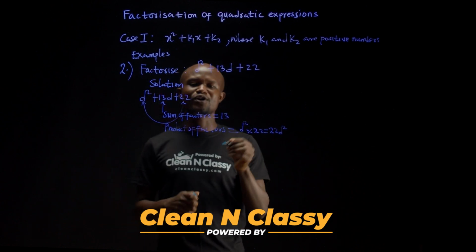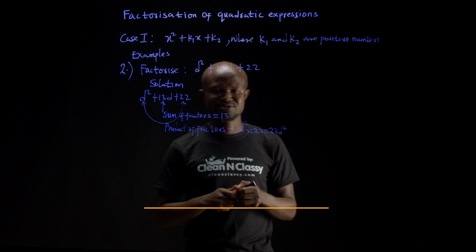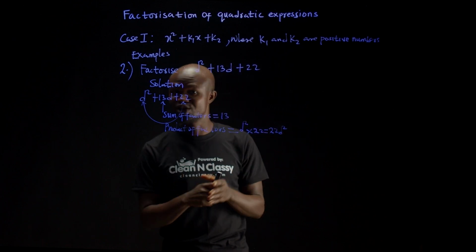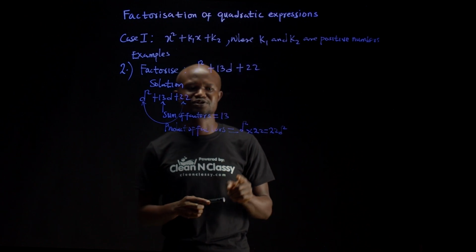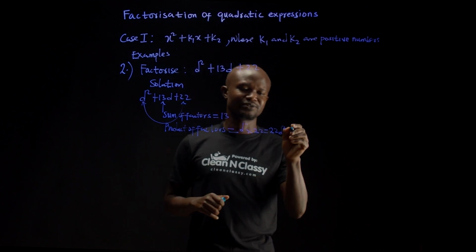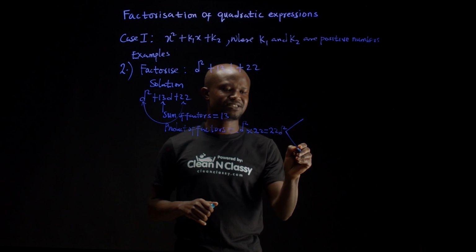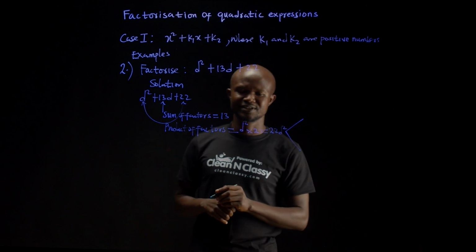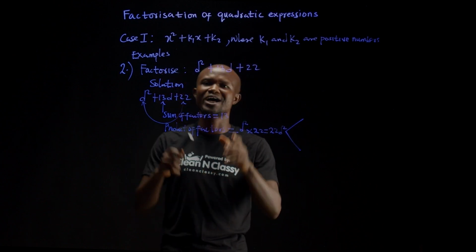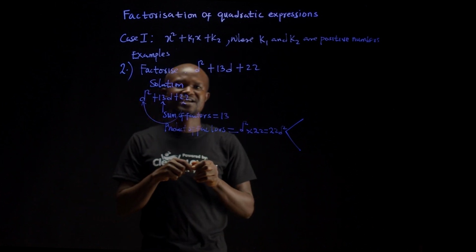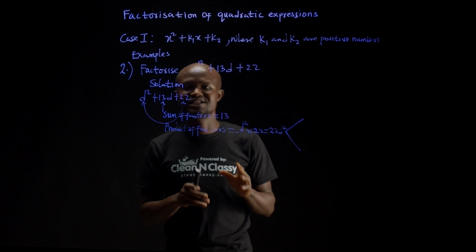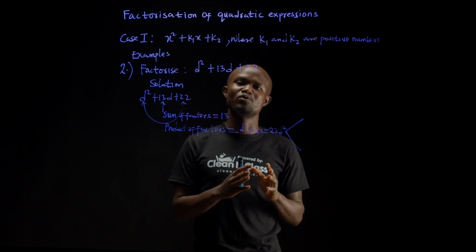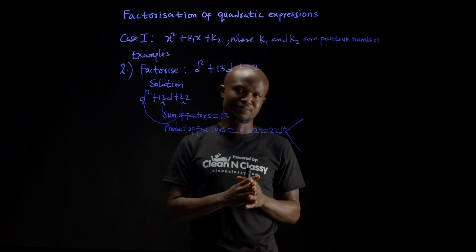Now, for us to get the two factors, we are going to focus on the product first. Now, we break the product. And since we are dealing with the first case, the two factors we are looking for are going to be positive numbers.